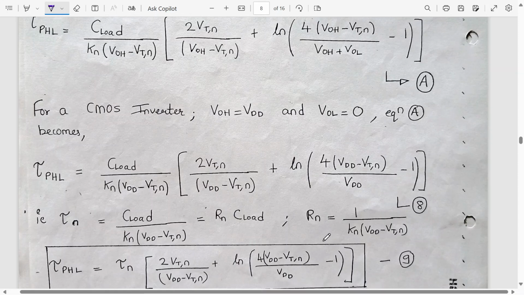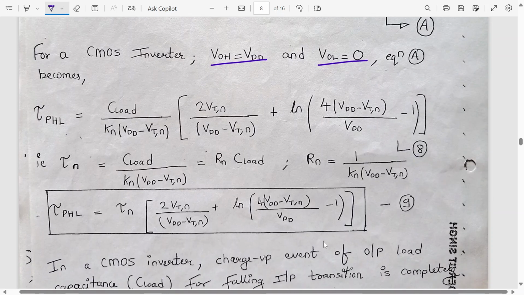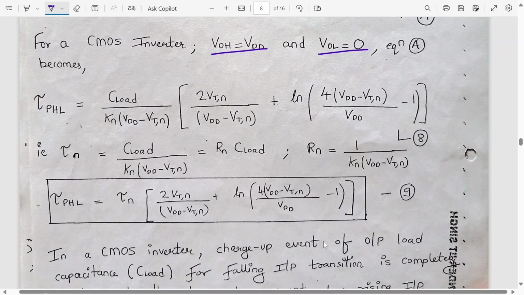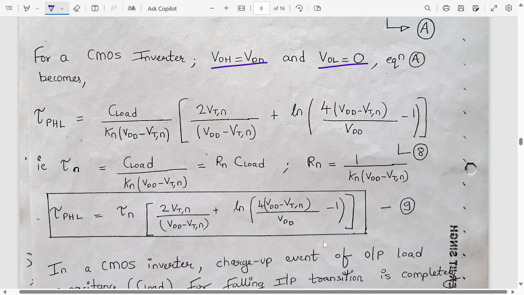Now for a CMOS inverter, we know that VOH is VDD and VOL is 0. So equation number A will become this. Equation number 8. So this is what we substituted. Alright. So this is the formula which we have used in our lab also for estimating the delay, the propagation delay, the high to low propagation delay.